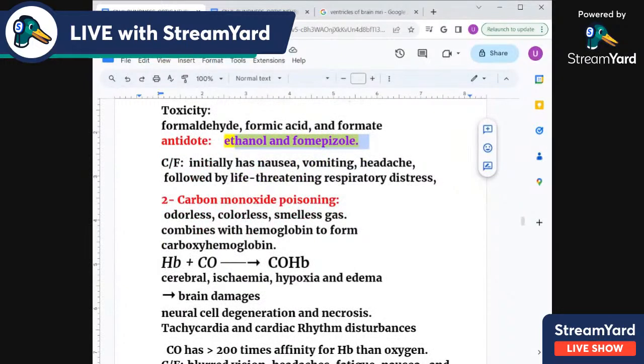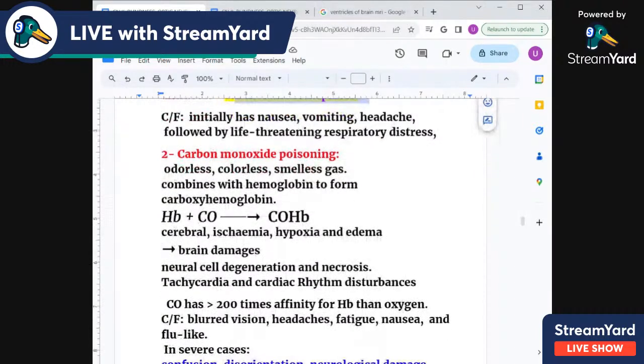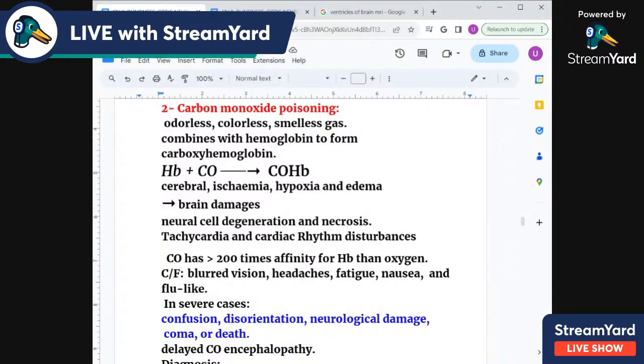The carbon monoxide is a colorless, odorless, tasteless gas. Carbon monoxide combines with hemoglobin to form carboxyhemoglobin. It displaces oxygen from hemoglobin and has an affinity 200 times more than oxygen for the hemoglobin.